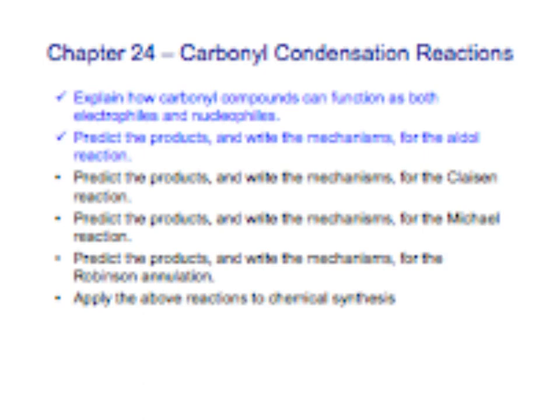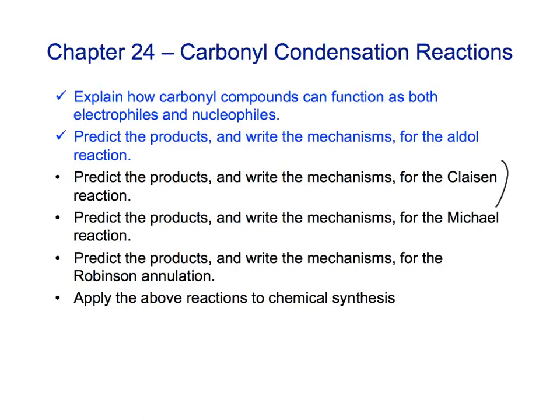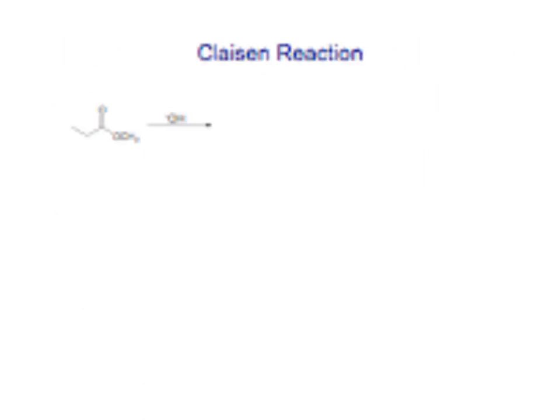All right, so the Claisen reaction is our next topic. Like I said, the Claisen reaction is the condensation of two molecules of an ester. The first thing we're going to do is deprotonate the alpha position. Okay, so here's the alpha position.